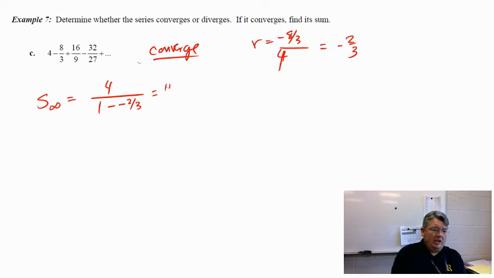And you're like, wait a second. 12/5. That's like 2.4. How? What? It starts out with 4 and then it adds up to 2.4. Well, yeah, but you see, it's subtracting. Starts with a number, subtracts a number that's smaller than that. Adds a number, subtracts a number smaller. So the net result is going to be positive, right? Yeah. Net result's going to be positive, but it's going to be smaller than what you started with.